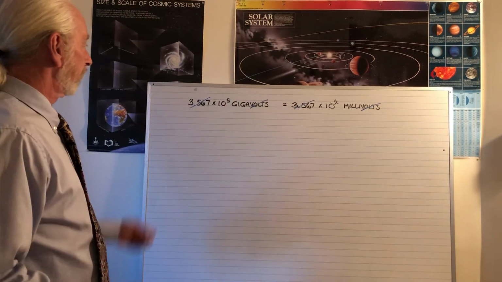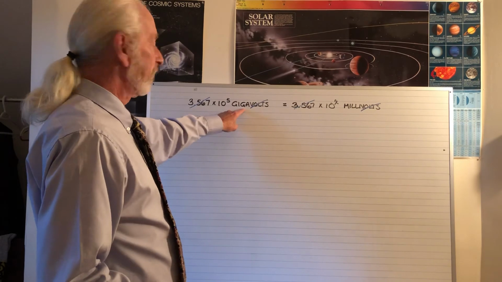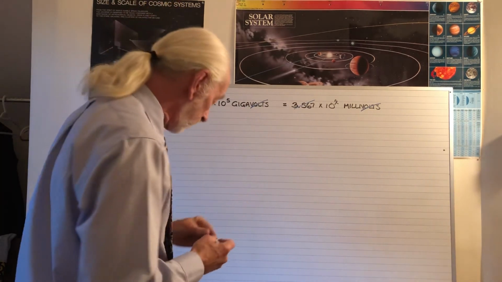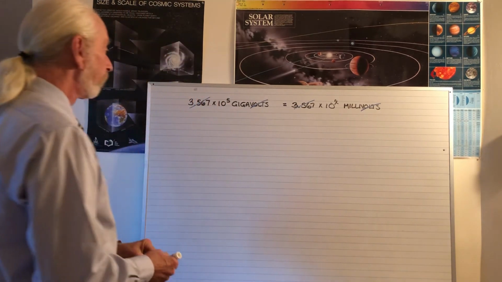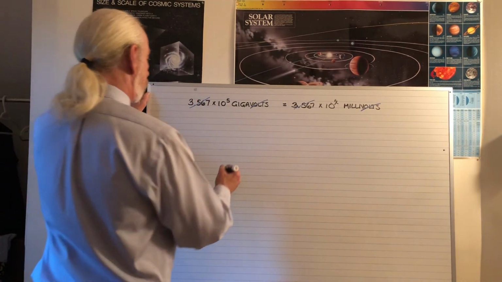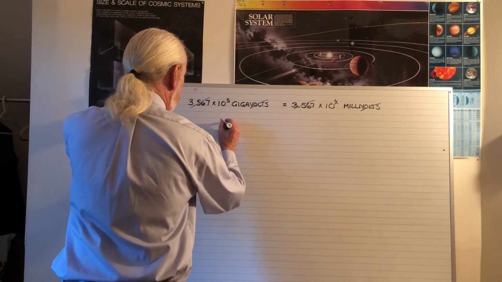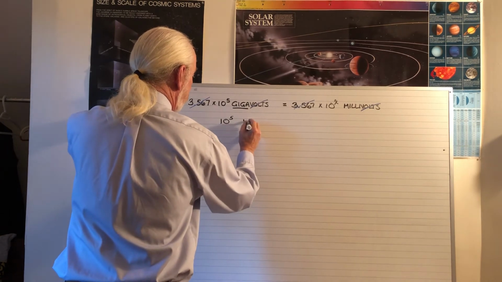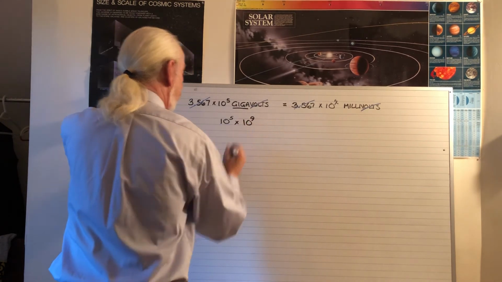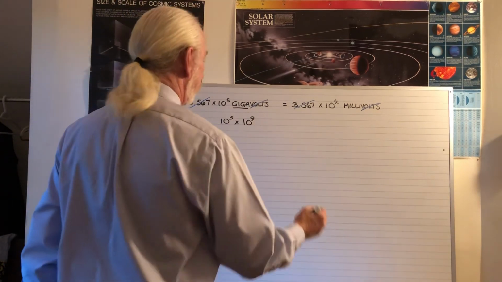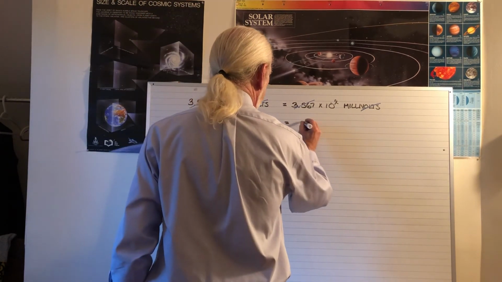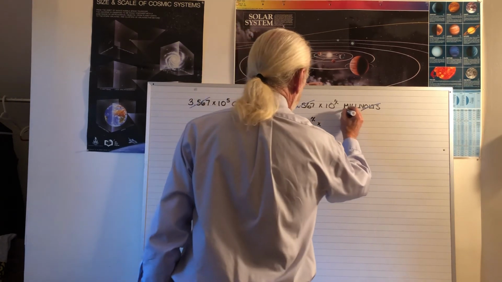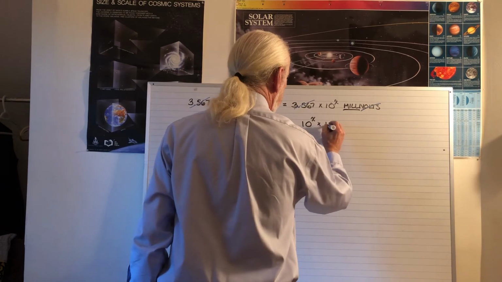So now what I've got left are powers of 10 and prefixes. And remember, prefixes are equivalent to powers of 10. So let's see what we got left here. All that's really left is this. 10 to the 5th, and giga, that's 10 to the 9th. And they're being multiplied. Equals 10 to the I don't know times 10 to the -3.